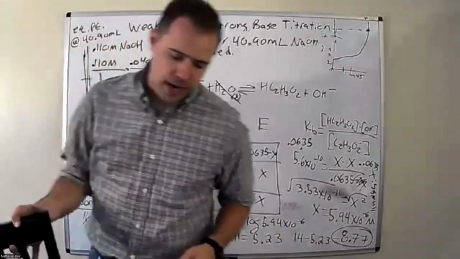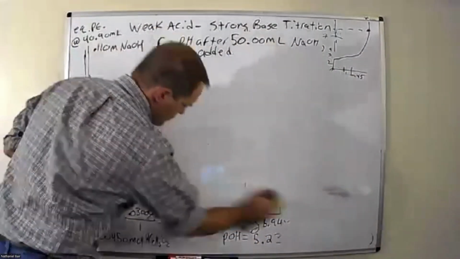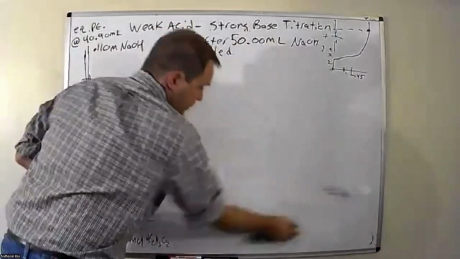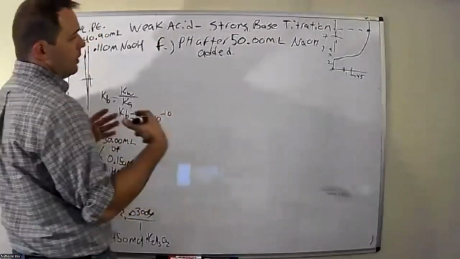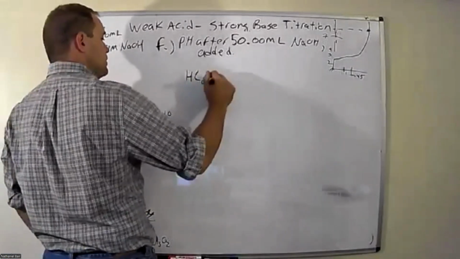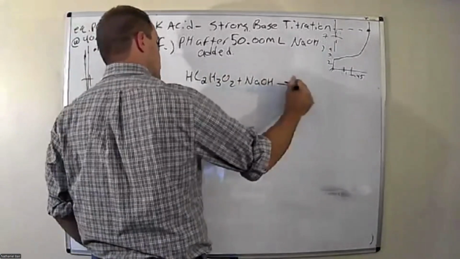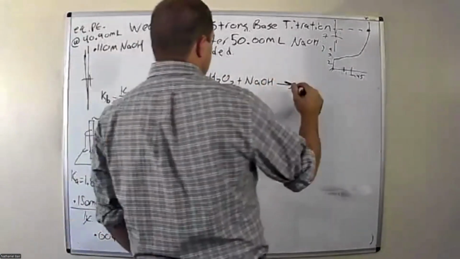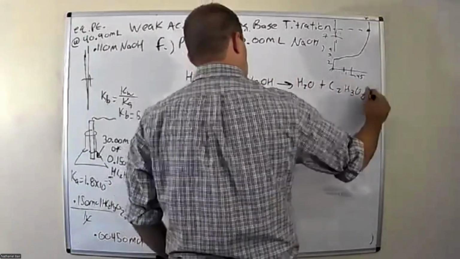This next one is really fast. And here you can't be jealous of me anymore because I had to erase my BAA table. So I'm in the same boat you are, folks. So we need to write the reaction out again to make our BAA table. The acetic acid reacts with the hydroxide to make water and acetate.